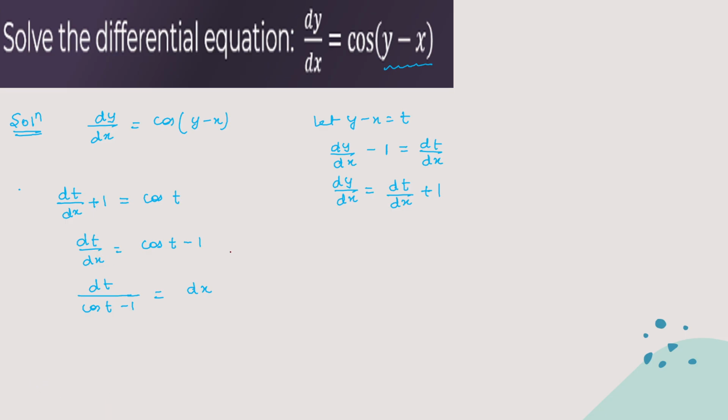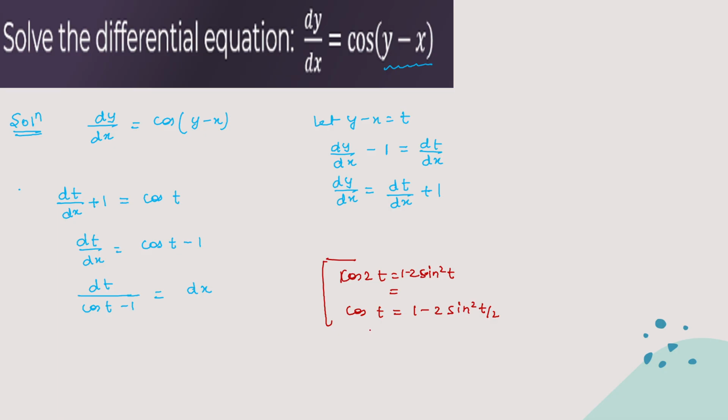right? So what we have studied, half angle formulas: cos of 2t is equal to 1 minus 2 sine square t. So in this case you will be getting half angle, so you can say cos t will become 1 minus 2 sine square t by 2.